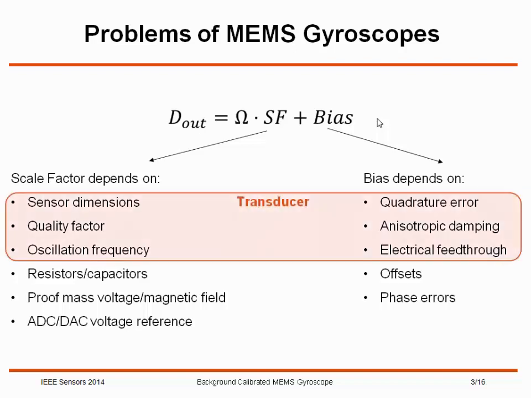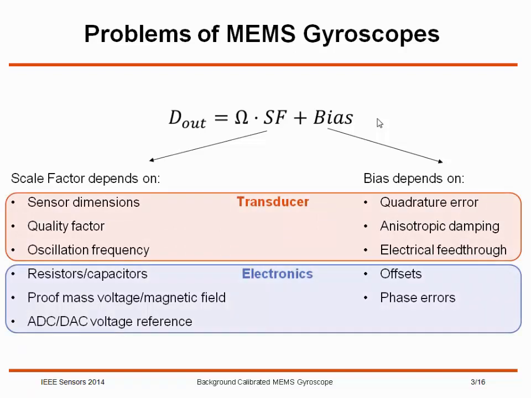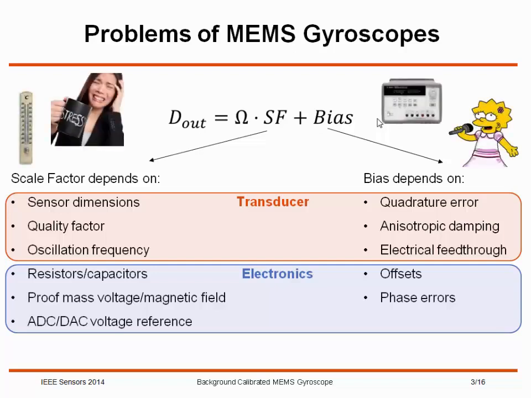Some of these parameters are coming from the transducer and the other parameters are coming from the electronics. And the problem is that all these parameters depend on environmental conditions, such as temperature, stress, voltage supply, acoustic, vibration, linear acceleration. So it is a big problem for MEMS gyroscope, because for high performance gyroscope, we really want high resolution, and all these parameters degrade the accuracy of the gyroscope.